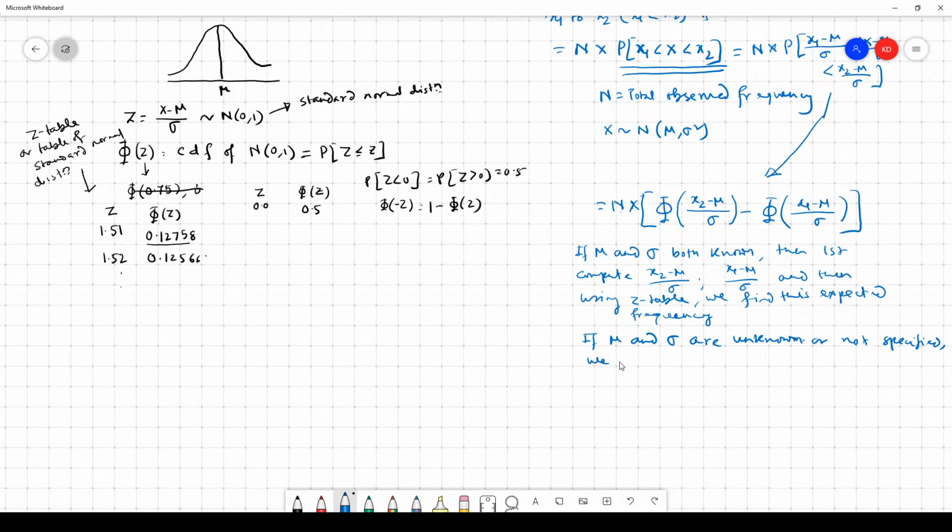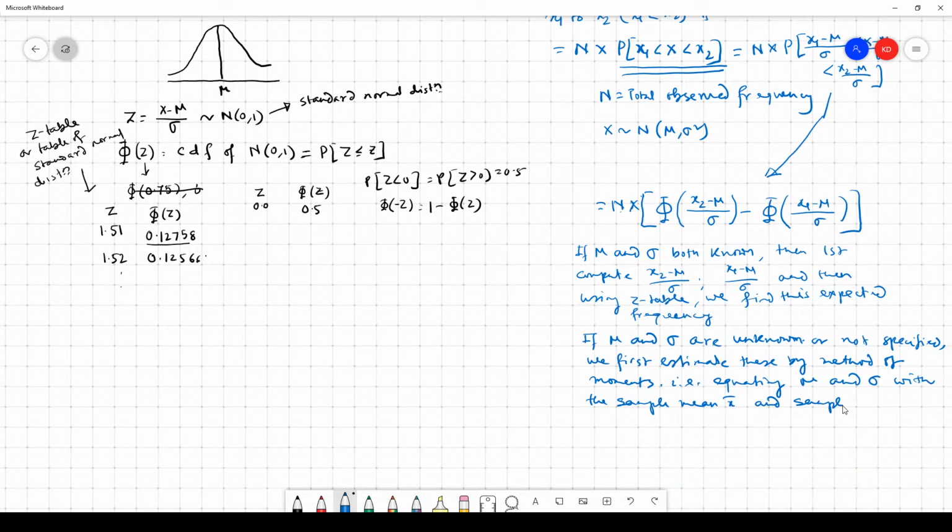We first estimate these by the method of moments, that is equating mu and sigma with the sample mean, x bar, and the sample standard deviation, s, respectively.